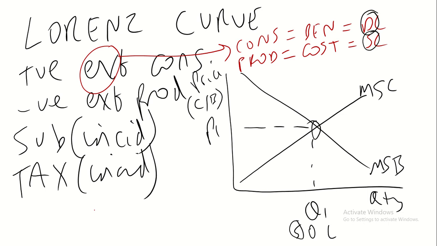Then, if there are positive externalities, they are underconsumed in a free market. So we know Q star, our free market position, is going to be less than Q1. So from here, I need to draw another consumption demand curve that is going to create an equilibrium less than Q1.